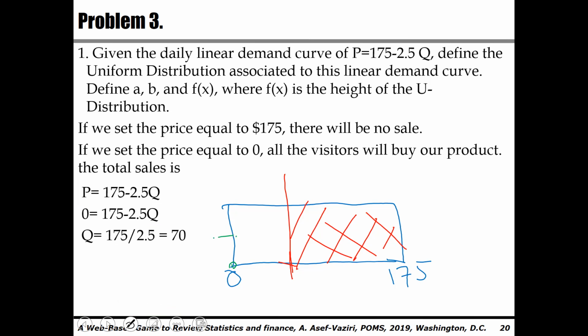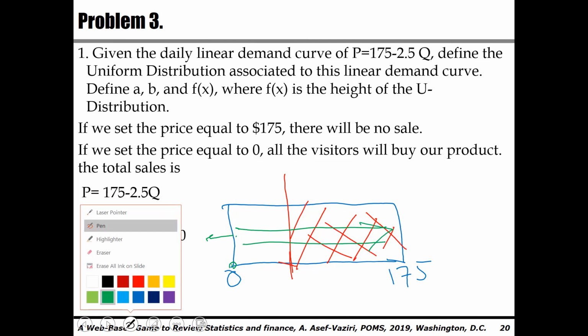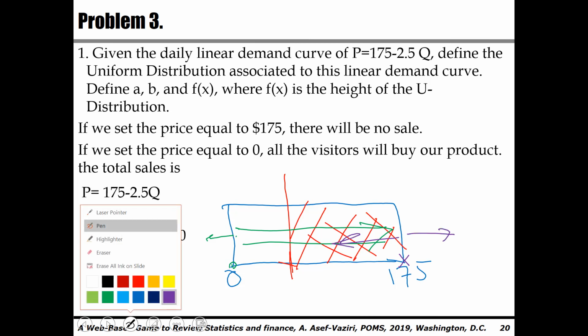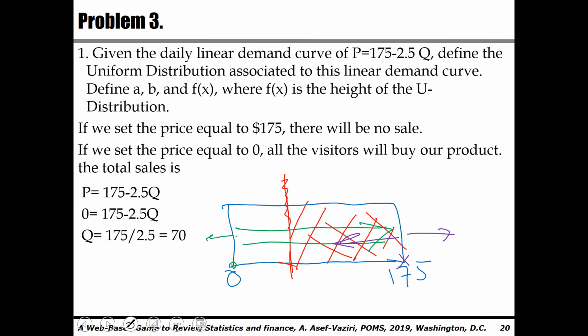So it's not this side, but it is this side. And if I set price equal to 175, probability is 0. Therefore, it is not this side, but this side. So given any price, probability of sales is computed as this area.